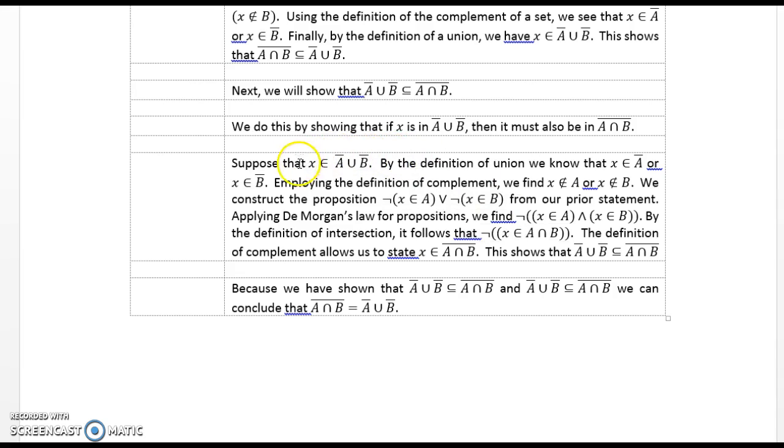And we use very much the same kind of logic as we did in the first part of the proof. And we arrive at this final statement because we have shown that the union of the complements is a subset of the complement of the intersection.